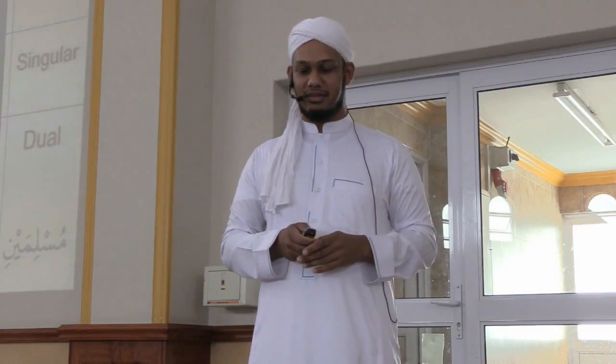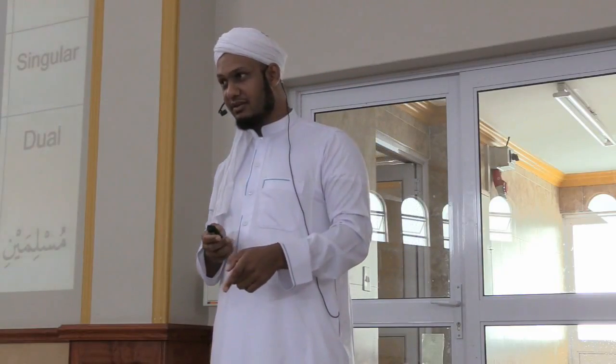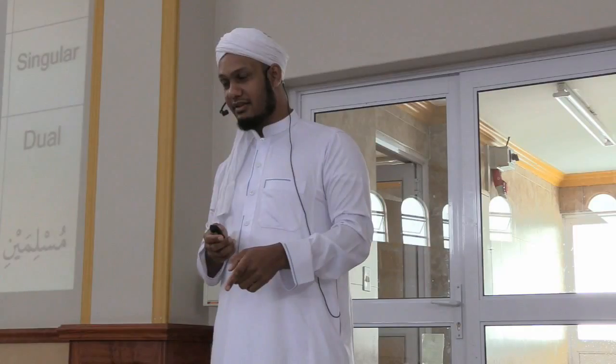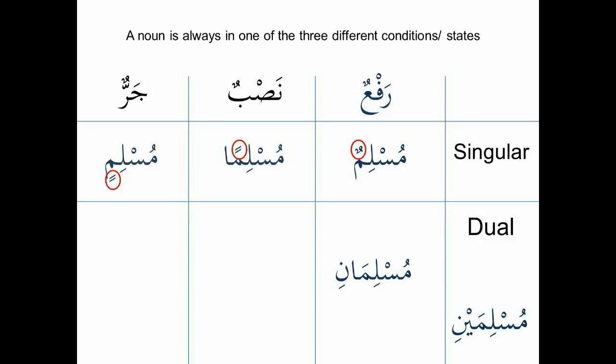Good. Are you watching Muslimaini? So the question is, how do I make Muslimani into nasbun? Watch it, it's moving. So if a dual ends with ani, what's the hal? Raf'un.